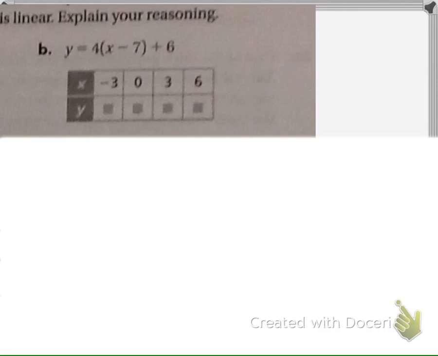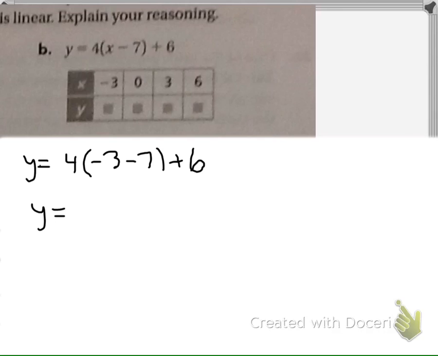Okay, now B, again I have to use the equation to fill in the values for y. So I'm going to plug all my x numbers into the x spot. For instance, the first one would be y equals 4 times the quantity -3 minus 7, plus 6. Because of PEMDAS, I do parentheses first.